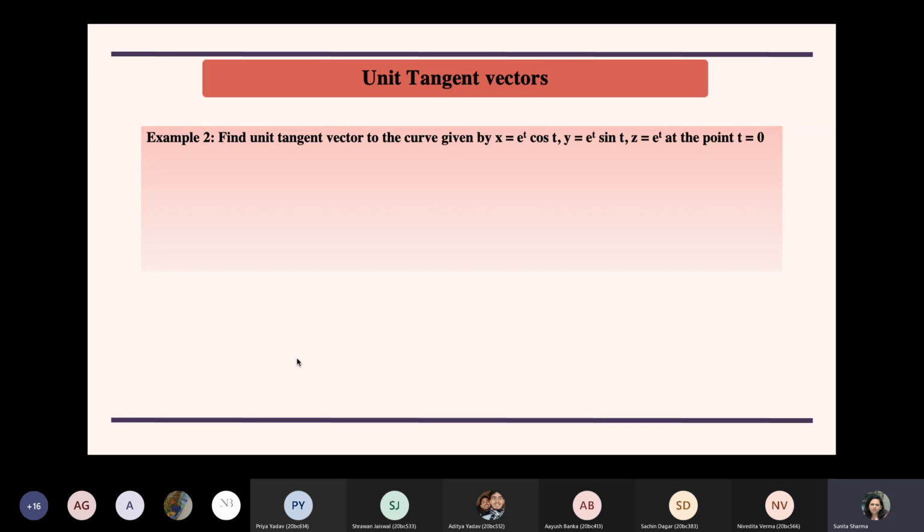These are questions from the exercise. You can also see the solved examples which are given in the book. So I have taken the exercise questions. Nobody has completed it.